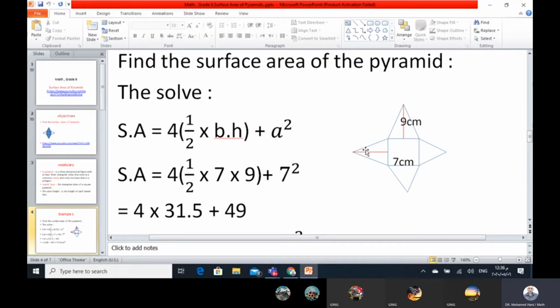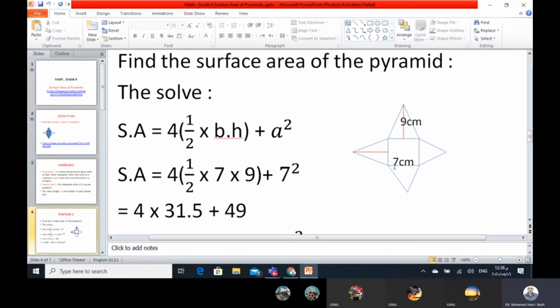So I will start here, write 4. What's the meaning of the 4? We have four congruent triangles. Then between parentheses, we have the rule of the area of the triangle: 1/2 multiplied by the base of the triangle, multiplied by the height of the triangle. What is the value of the base? This is the base of the triangle.